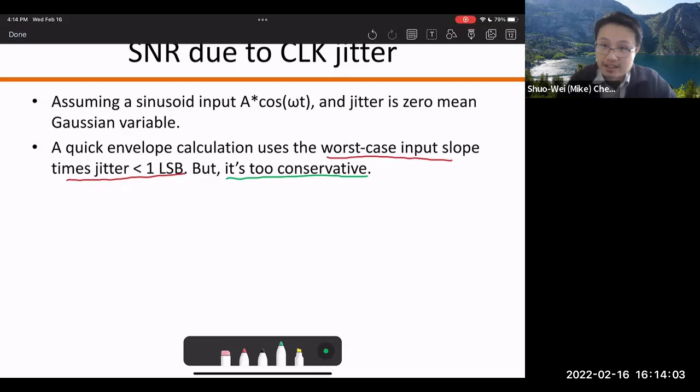Because like I said, in the slowly varying region, the jitter doesn't really affect anything anyway. And we understand that the signal to noise ratio is an average sense across different samples. Sometimes it's really bad, but sometimes it's also pretty good, because the slope is not as sharp.